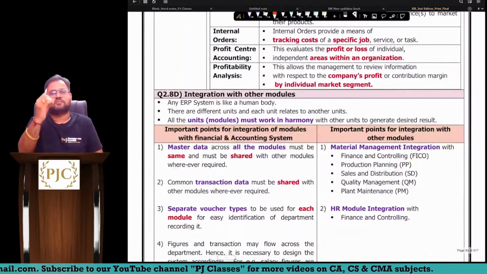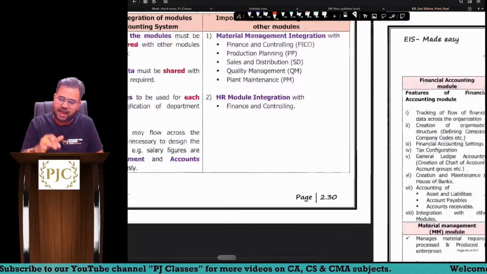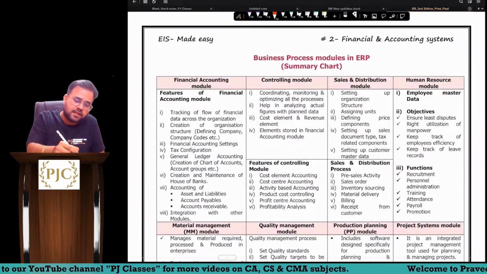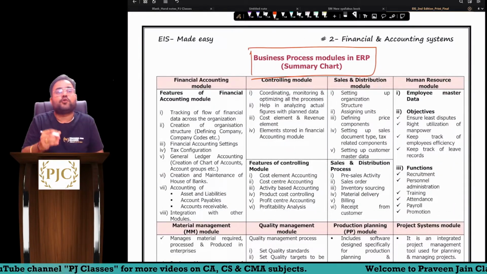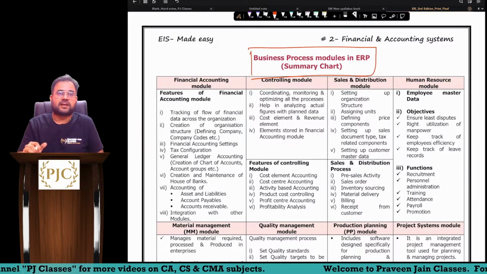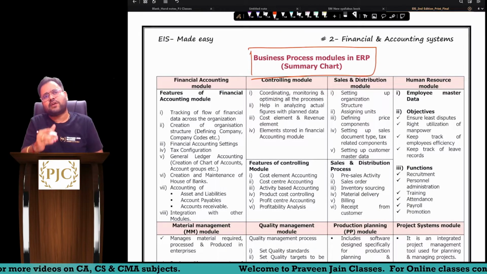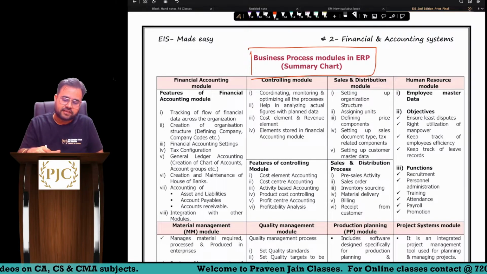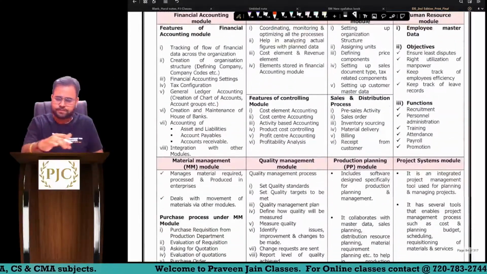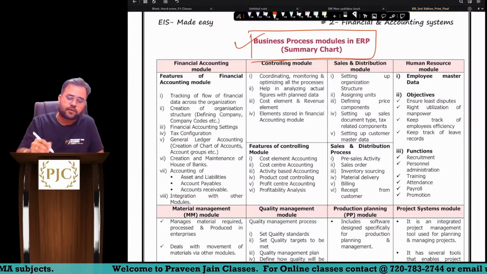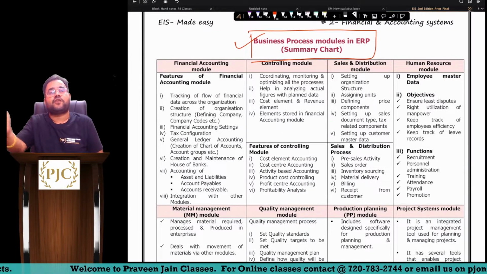I am telling you, sir, this is the best material and I am waiting for your feedback also, sir. Again, I told you I have incorporated various summary charts. Now this is the summary chart which is there for the material. Likewise, for various answers, summary charts are incorporated. The answer for business process modules in ERP runs into 5 to 7 pages.